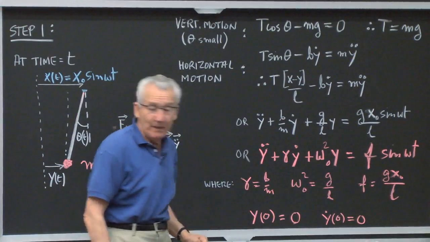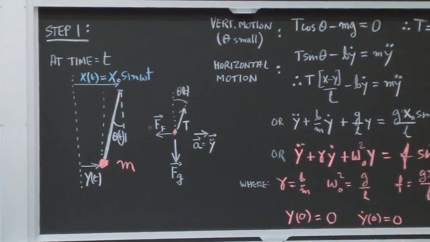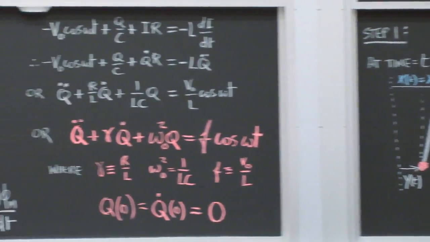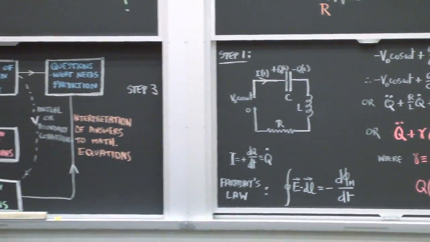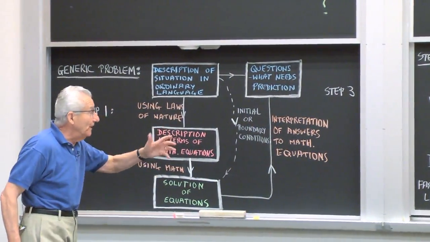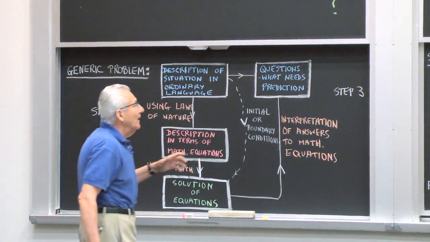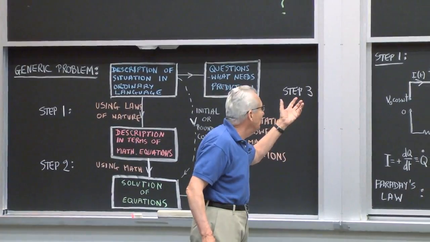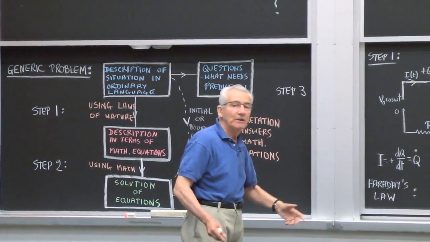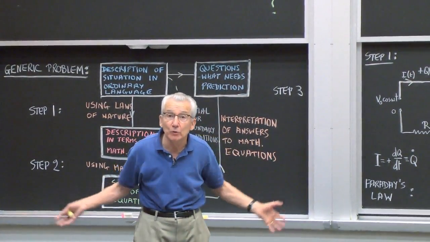Okay? Finally, one more. Let me consider one more problem. And once we've done all three, at least step one of all three, we will go and solve them all in one go.